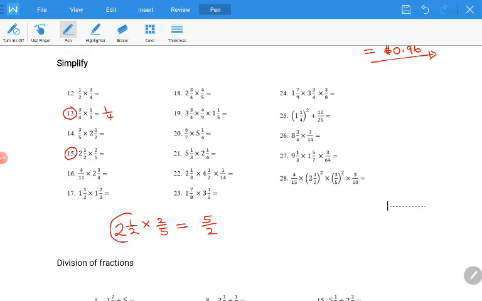So it's 5/2 times 2/5. 2 and 2 cancel each other out because we'll be dividing. 5 and 5 cancel each other out, so the answer here is 1.